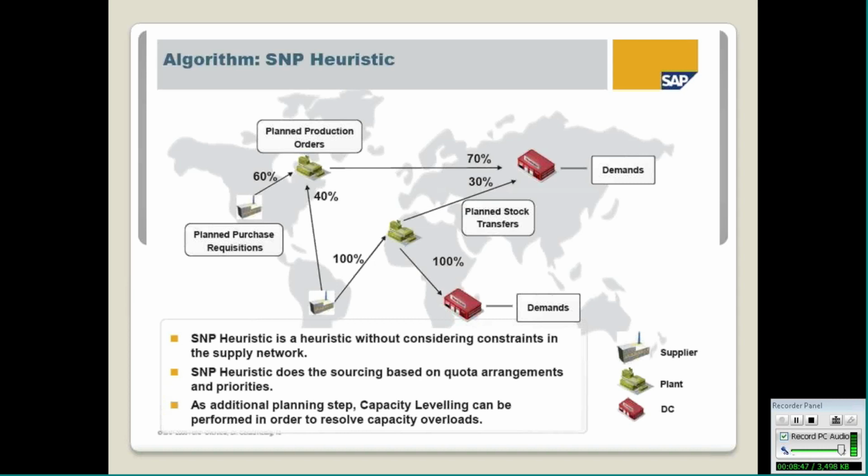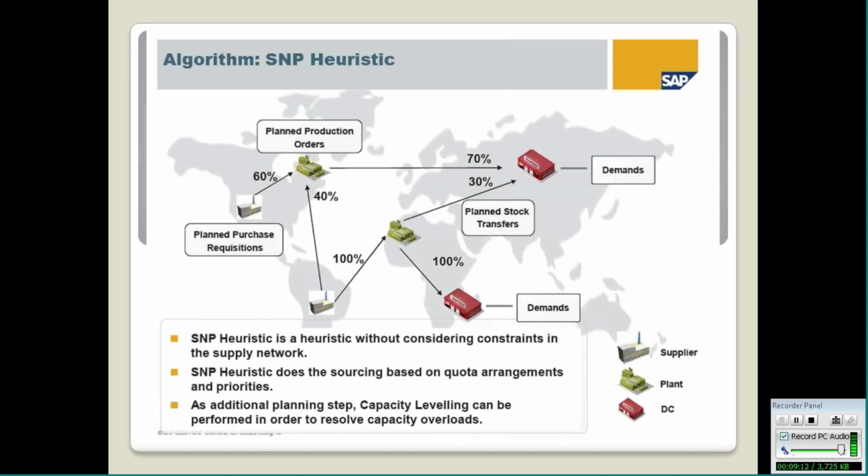For example, for one week we are able to produce only 2000 units, but for that week the forecast is 3000 units. If you run the SNP heuristic, it will simply create a planned order for 3000 units. Even though we are able to produce only 2000, it will not bother. Simply it will create 3000 units.